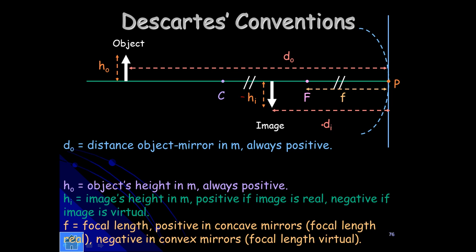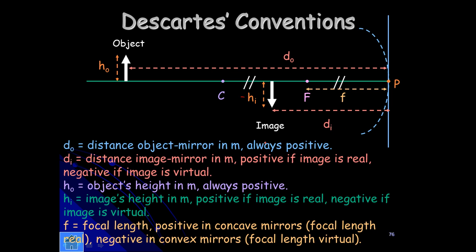This is DI. And it's positive if it is an image that is real. If it appears in here, it's going to be virtual.